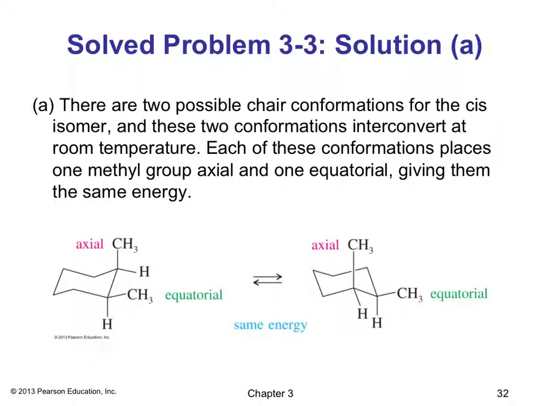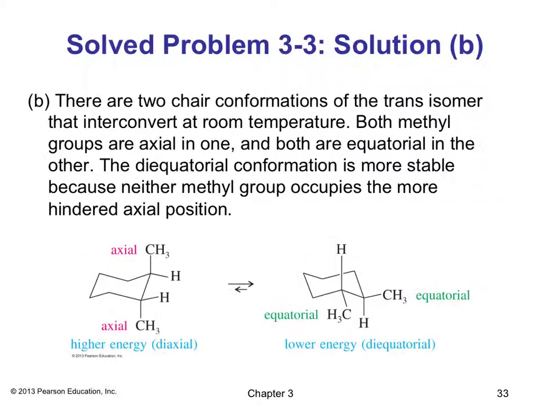To answer the question, there are two possible chair conformations for the cis isomer, shown here, in which one is axial and one is equatorial. If you do a ring flip, the one that was equatorial becomes axial, and the one that was axial becomes equatorial. They are the same in energy, and so that is the solution to A.